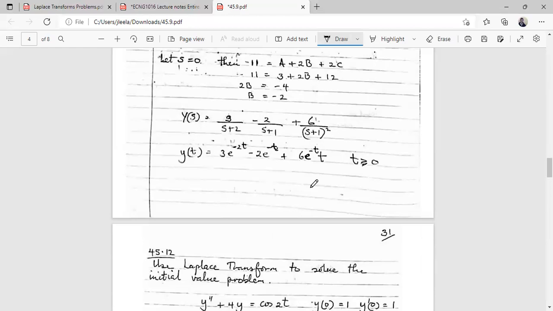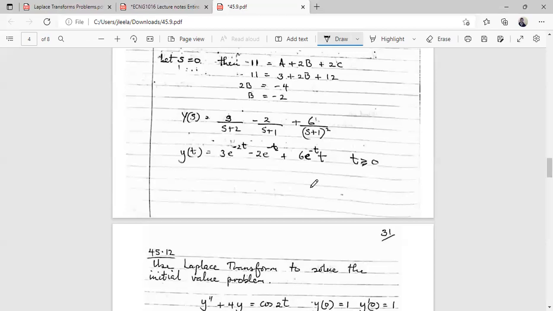So the Laplace inverse of Y(s), y(t), is 3 e to the minus 2t. The Laplace inverse of minus 2 over s plus 1 is minus 2 e to the minus t. And the Laplace inverse of 6 over s plus 1 squared, you apply the shift property.